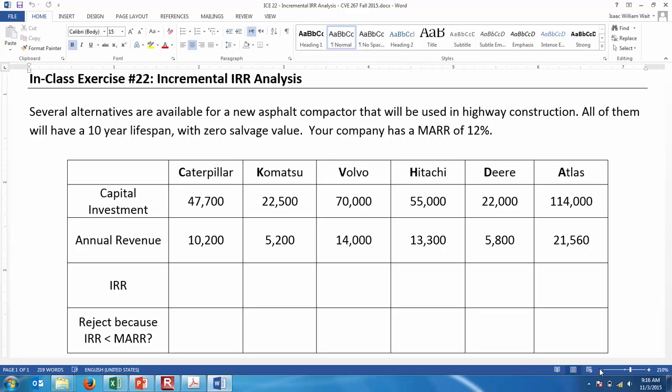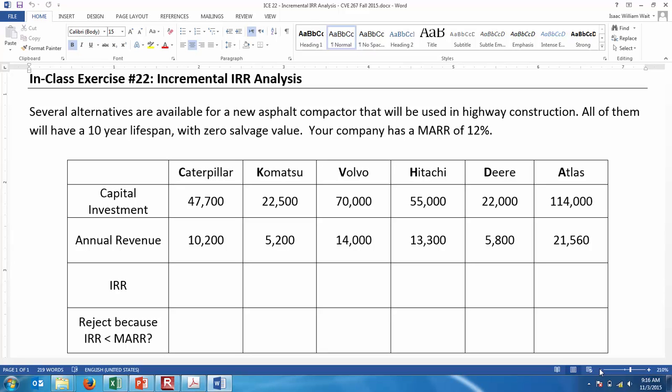And it tells us not only which is best, but it also tells us the rate of return on the increment, which is an important thing to know. So what you're going to do in part A is find the internal rate of return of each of the alternatives. Not yet of the increment, but of the alternatives themselves. And if any of them have an internal rate of return less than the MAR, then you reject those options.